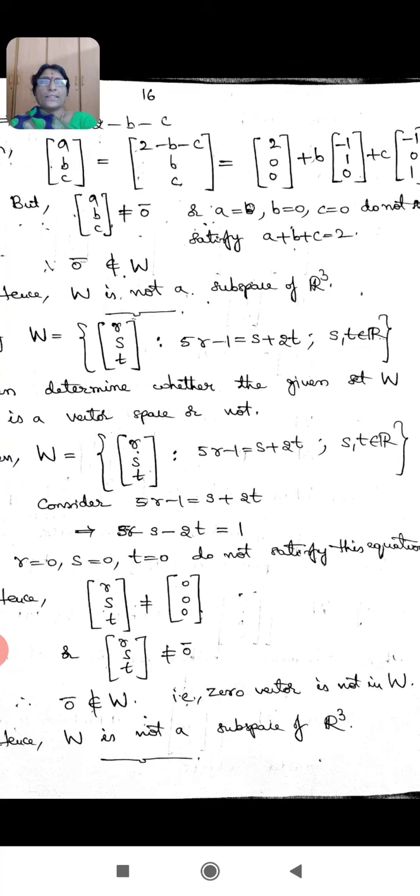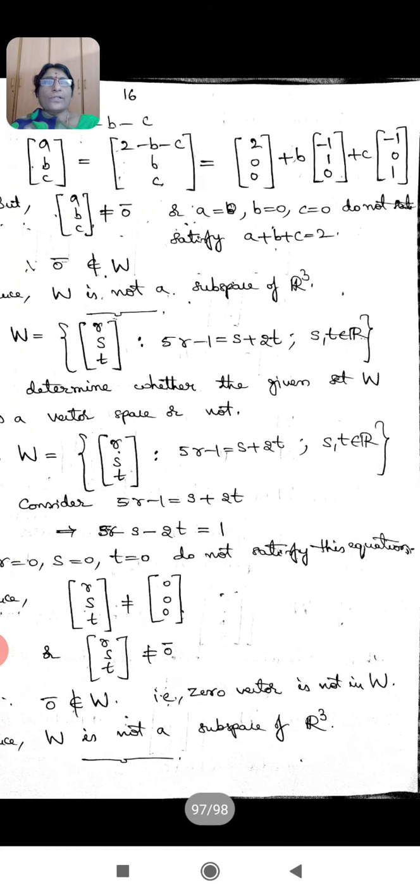Here I can say that W does not contain the zero vector, because if A = 0, B = 0, C = 0, then that solution does not satisfy the equation A + B + C = 2, since 0 + 0 + 0 is not equal to 2.